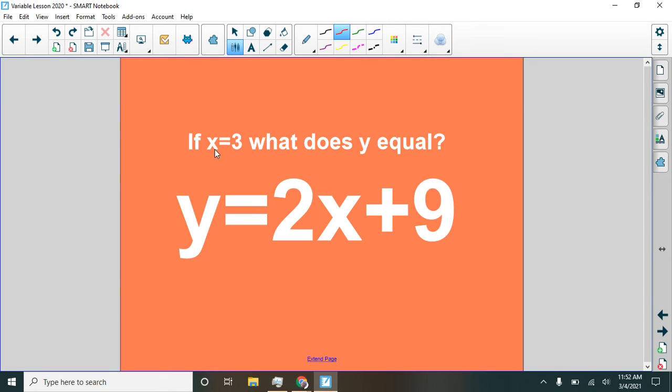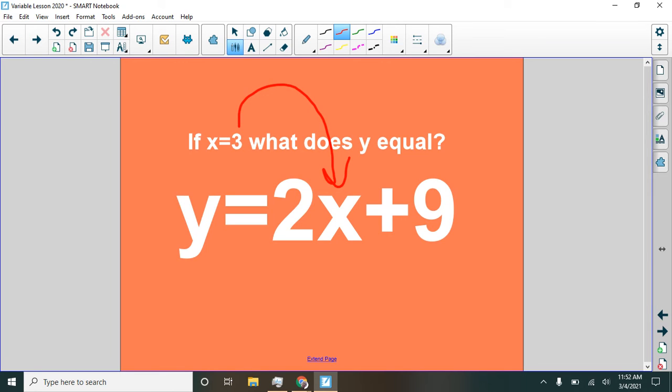Let's look now at a different example. So if x equals 3. Listen to me as I show you what I would do here. I see y. Remember I said that y could be at the beginning. And honestly, we're going to use y and x, but you could make these any letter. You can make this A and this B. It doesn't matter. So if x equals 3, what does y equal? What we're saying here is that this x is worth 3.